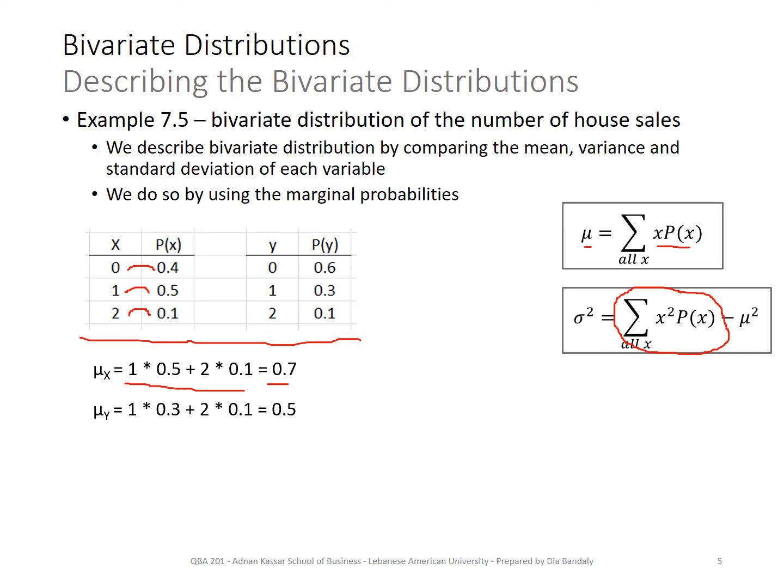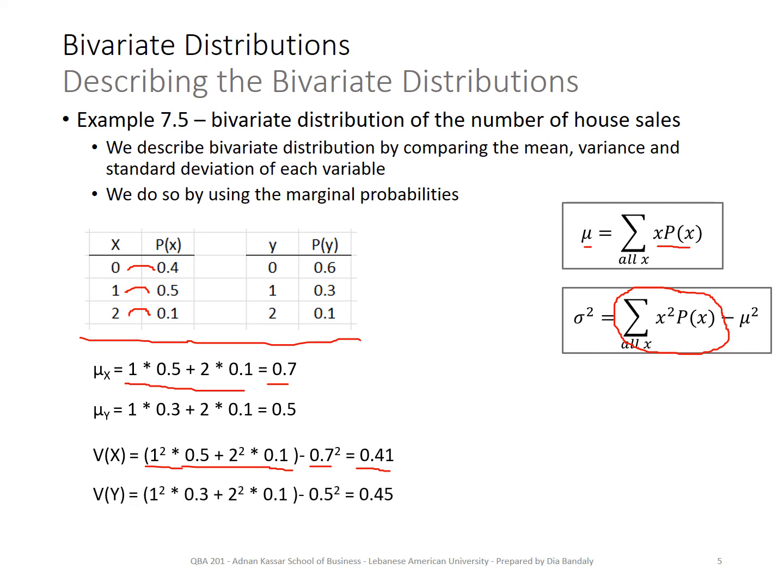So for x, the variance of x: 0 squared times 0.4 does not count, so it's 1 squared times 0.5 plus 2 squared times 0.1, and then we sum these up and we subtract 0.7 squared. So this part represents the first part here. And then we subtract the square of the average and we get 0.41.